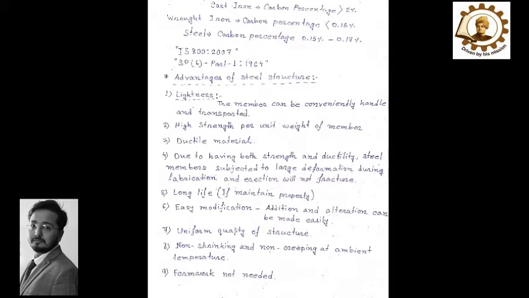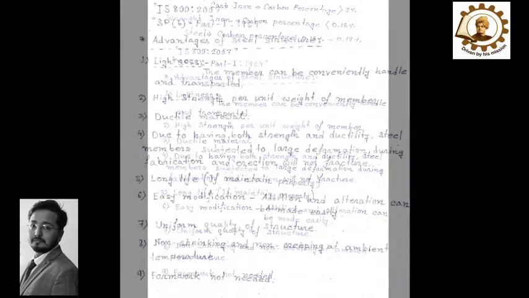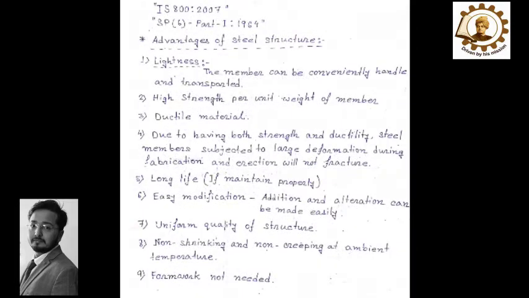These two codes are used to design steel structure. In IS 800 2007, designing procedures, formulas, and considerations are given, and SP6 is used to choose the structural steel sections.